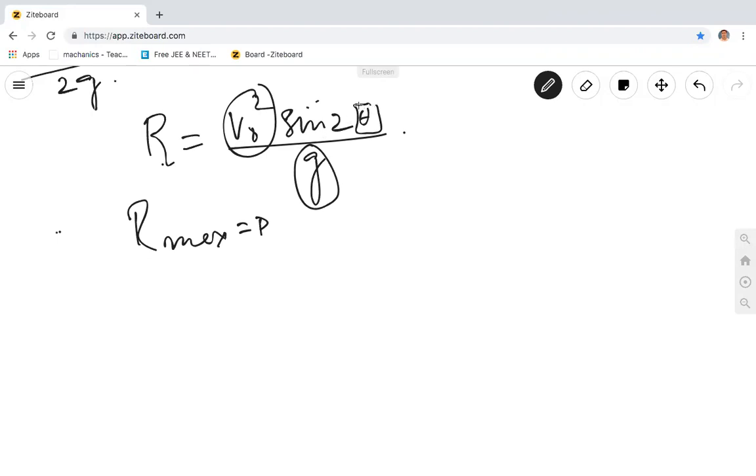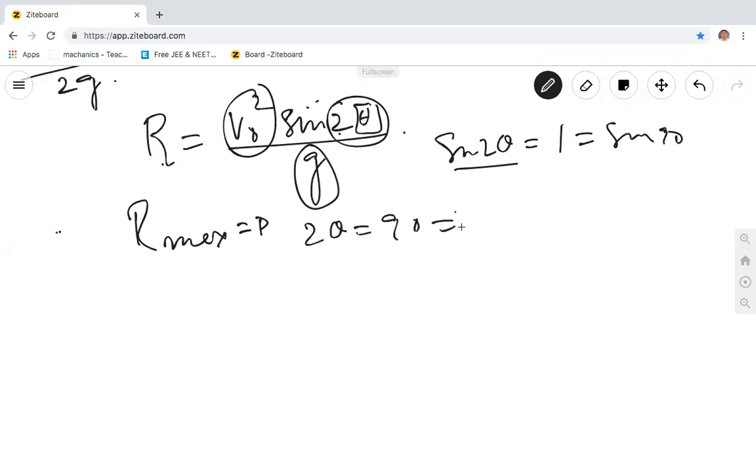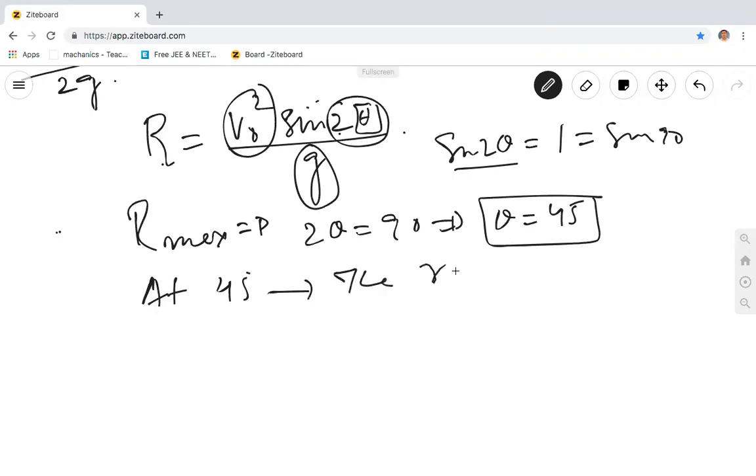What can you change? You can change this 2 theta angle. When sine of 2 theta is maximum, when its value is 1, sine of 2 theta का maximum value 1 है. So that should be sine 90. So 2 theta should be 90. That will make theta equal to 45. So at 45, the range will be maximum.